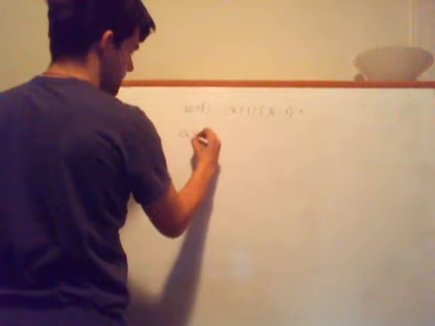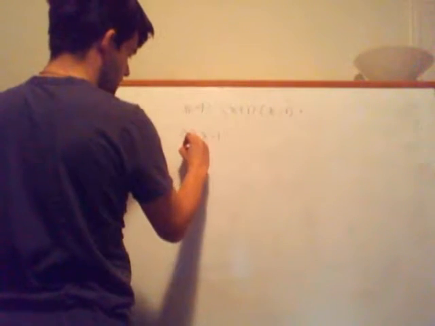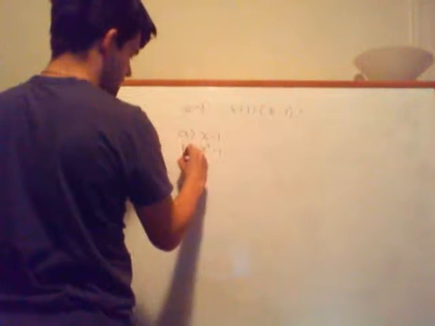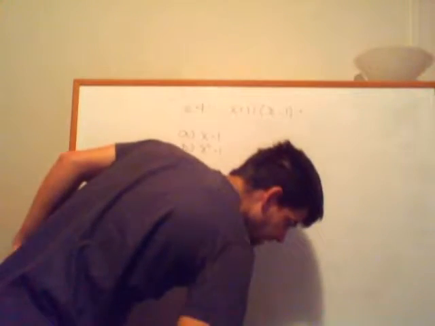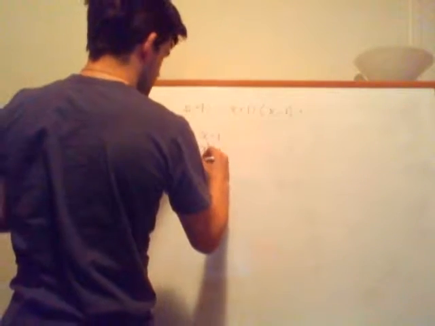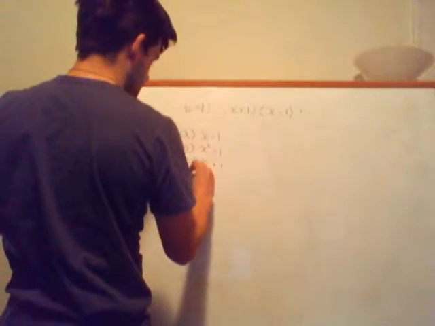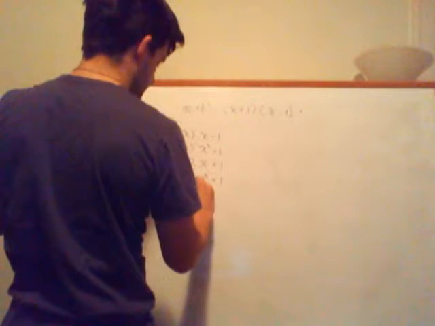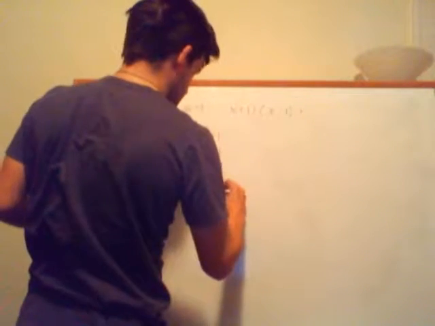A, they have the form x minus 1, B is x squared minus 1, they have C equaling x plus 1, they have D equal to x squared plus 1, and they have E equal to x times the quantity x plus 1.